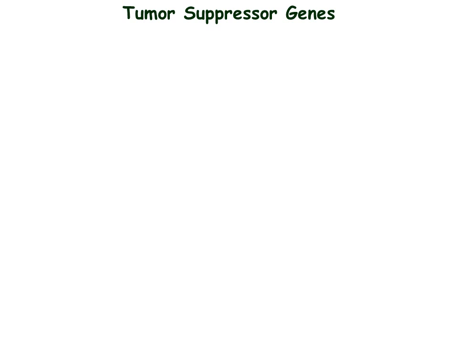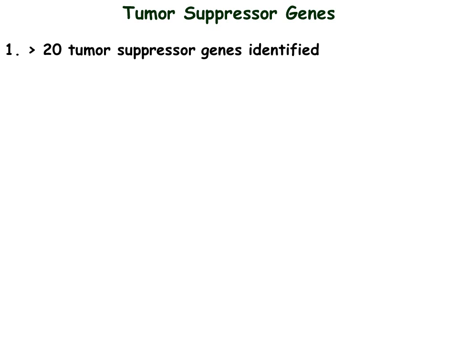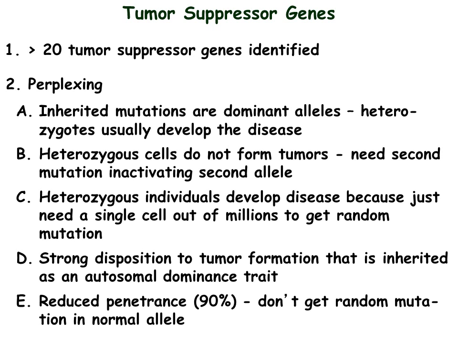Well, that leads us to a discussion of tumor suppressor genes. Remember, we have tumor suppressor genes and DNA repair genes to talk about. Now, we've identified so far more than 20 tumor suppressor genes, and they're kind of confusing. And here's why.